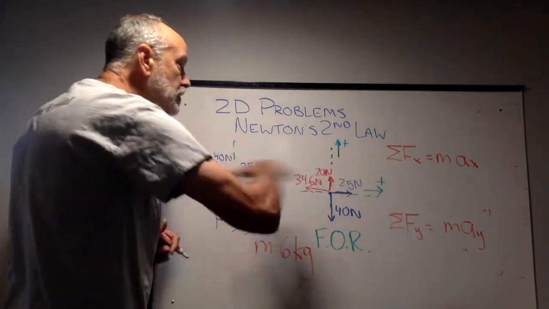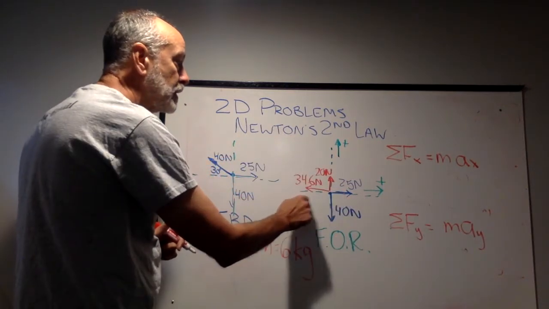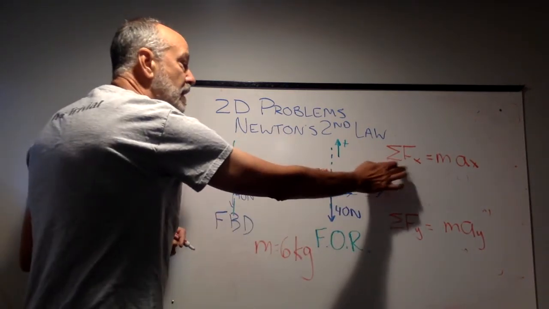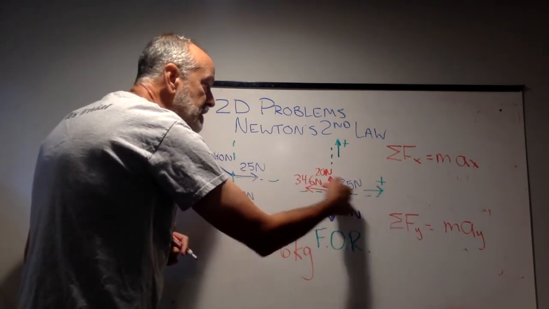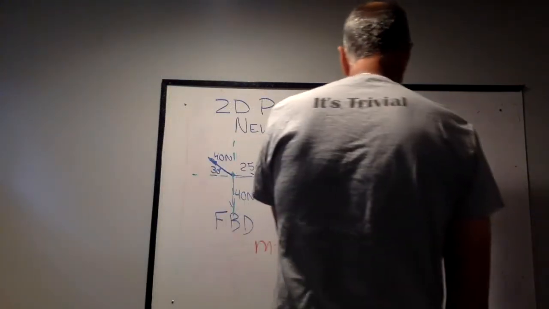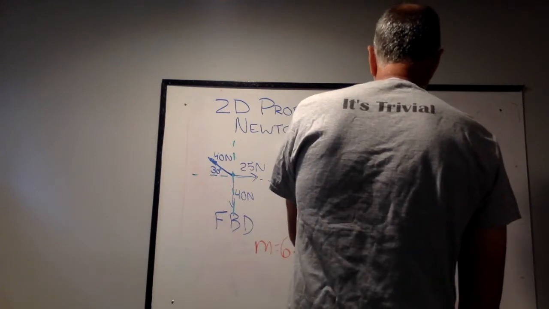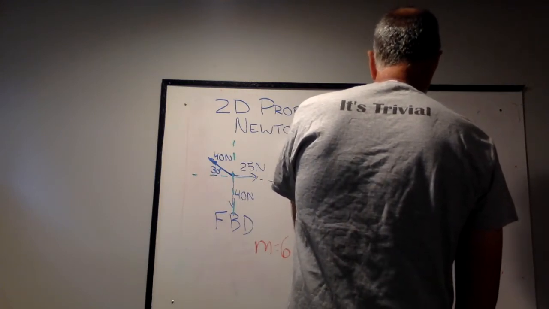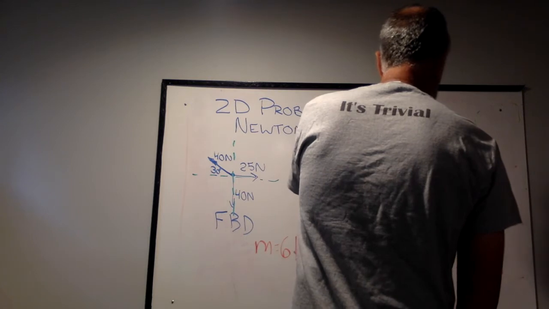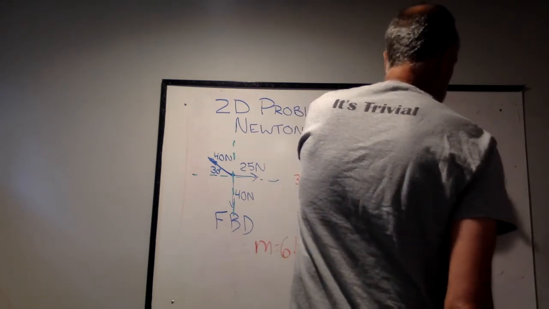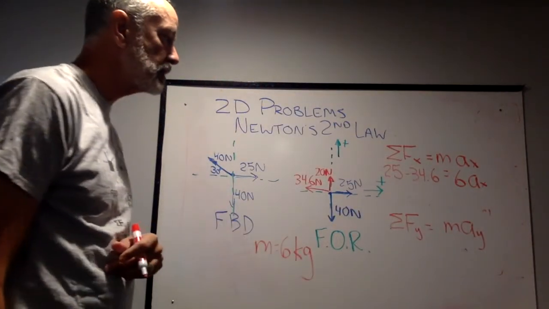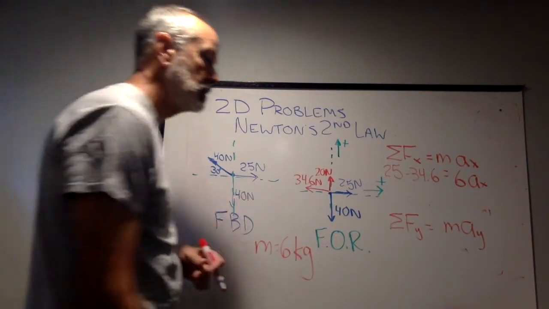So in the horizontal direction now, the sum of forces is going to be positive 25 plus negative 34.6 equals the mass, which is 6, times the horizontal acceleration. Well, that's not too bad.